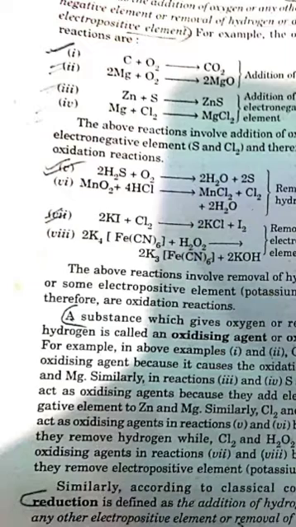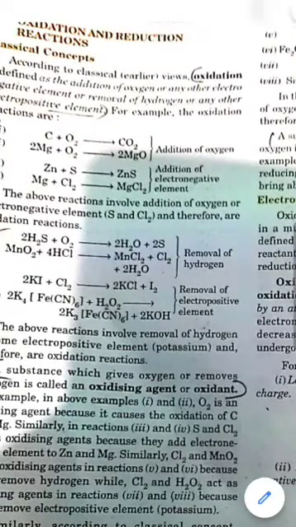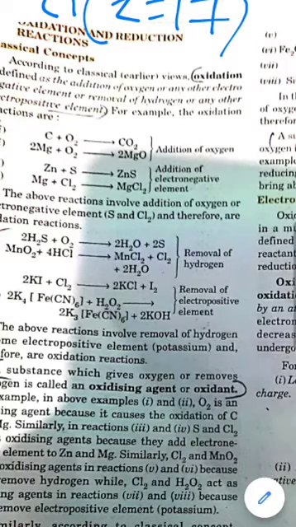Now some of you might not know what electronegative and electropositive mean. So let me explain it for the last time, because after this it won't be explained in detail. Chlorine has an atomic number of 17. If I write the electronic configuration, it will be 2, 8, 7.